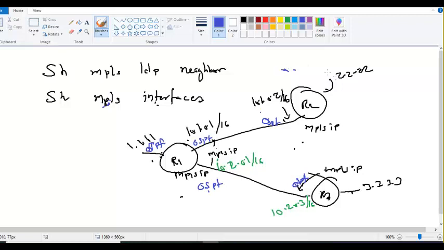So we don't have OSPF running here. See, no OSPF on loopbacks. As a result, router 1 doesn't know 2.2.2.2 and 3.3.3.3. So when router 2 tries to negotiate LDP, router 2 says, I am coming from 2.2.2.2. And router 1 says, I don't know you. Router 1 says, I don't know who is 3.3.3.3.